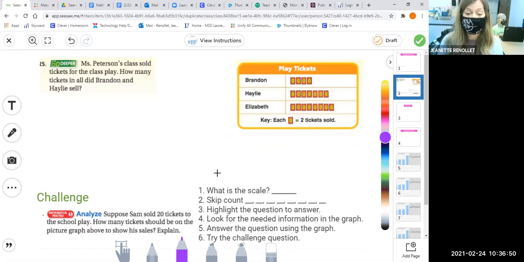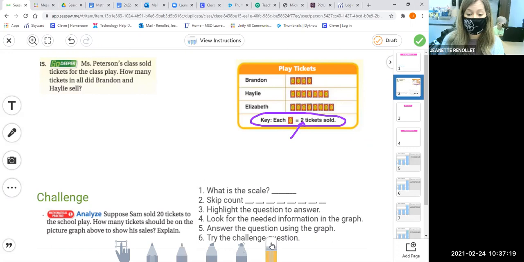Next, we have our scale. If there is a key at the bottom, that means our scale is not counting by ones. Our scale tells us that this graph uses a picture of a ticket, and that is equivalent to 2 tickets. Each ticket is worth 2 tickets on this graph representation. Let's go ahead and work through these problems together.